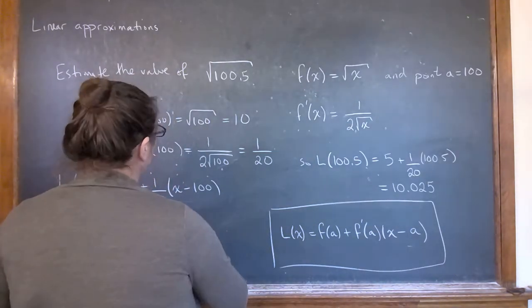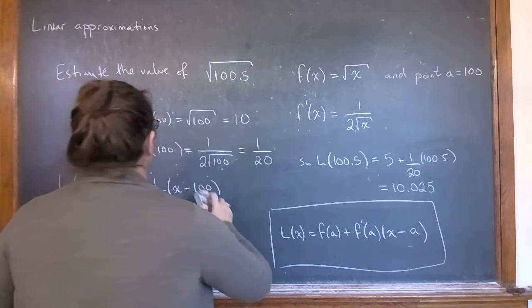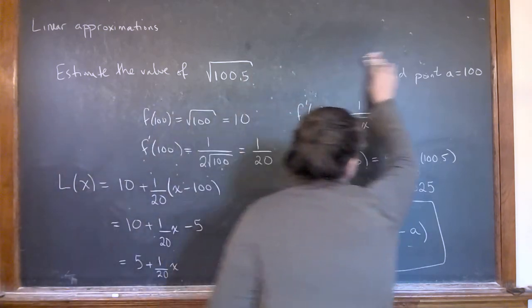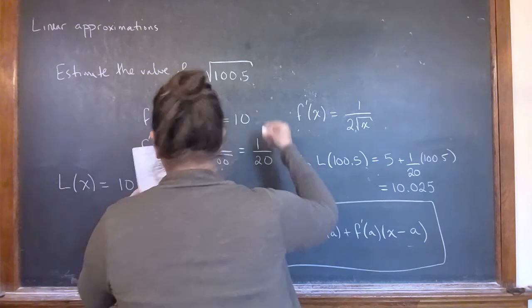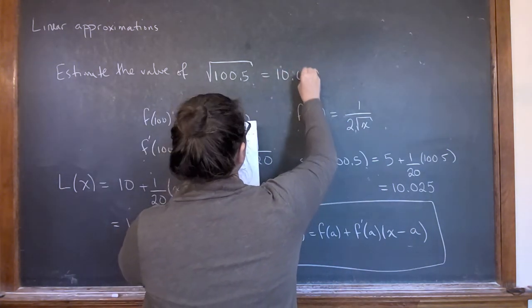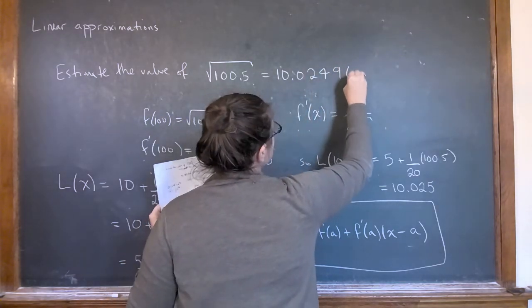Now, if I do stick the square root of 100.5 into my calculator, just to compare my approximation with a more accurate value, the accurate value that my calculator gives me is this.